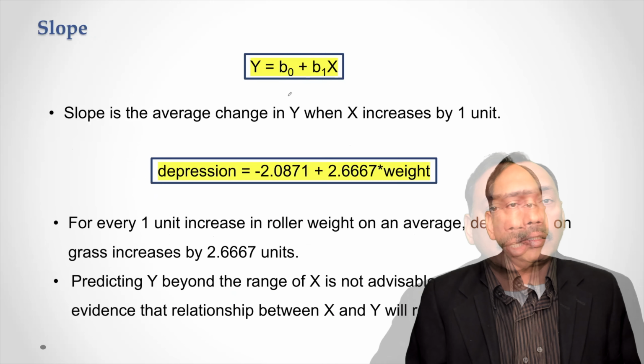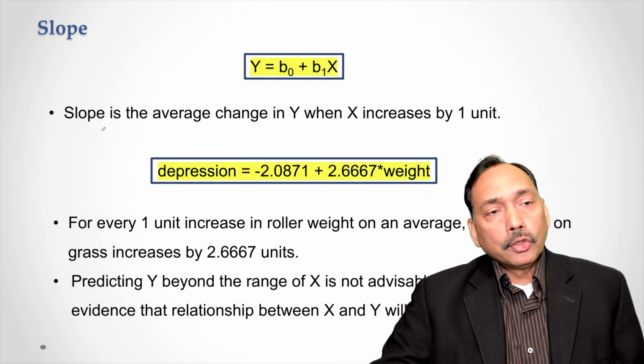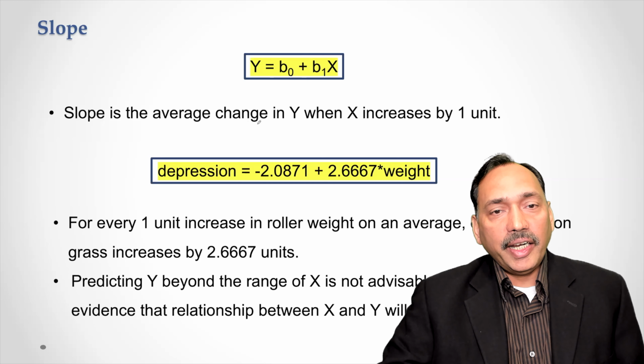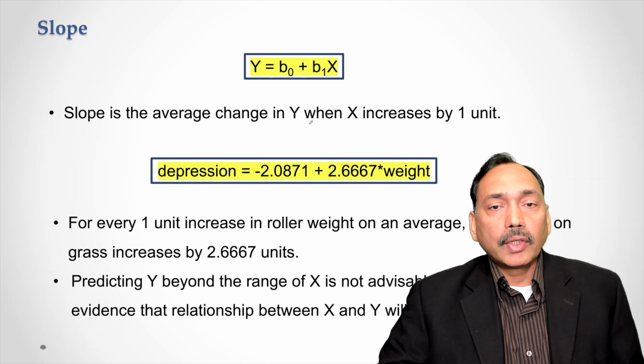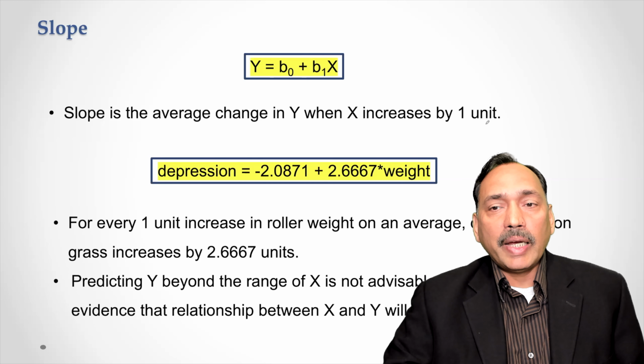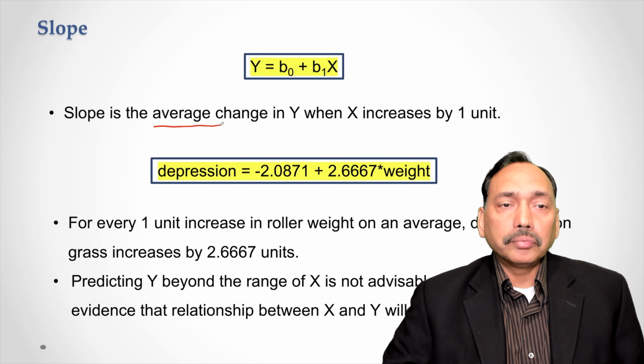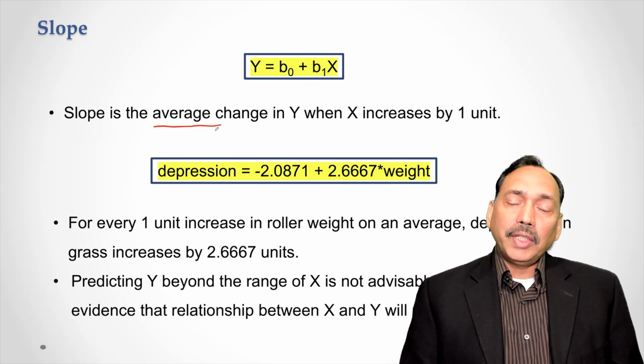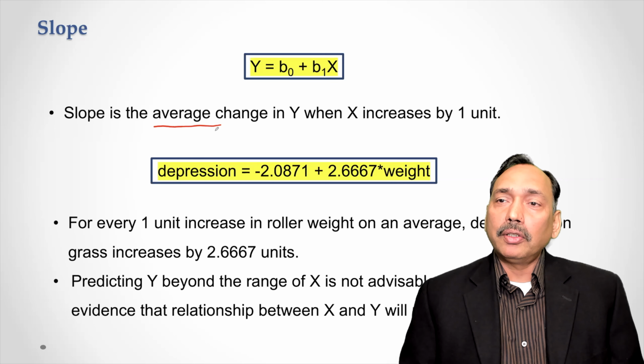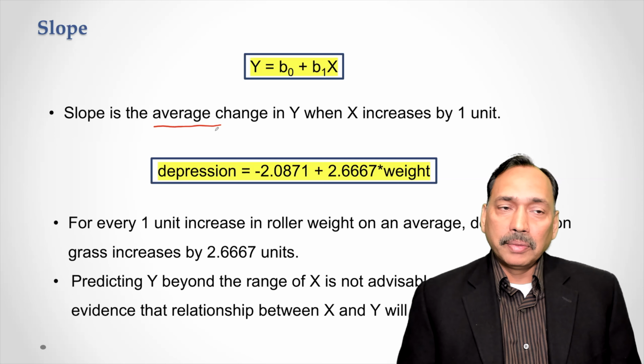But let's look at slope. So slope is the average change in y when x increases by 1 unit. One thing to emphasize is that we are talking in terms of average, not individual values.